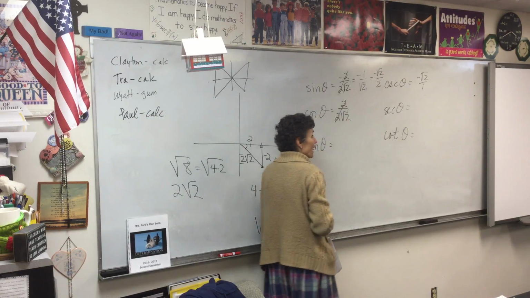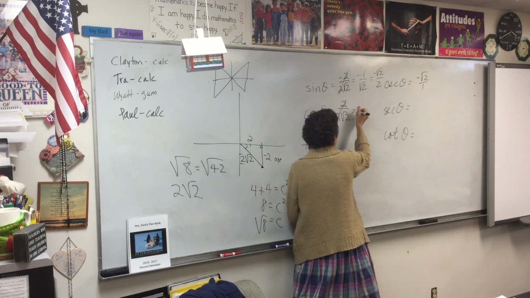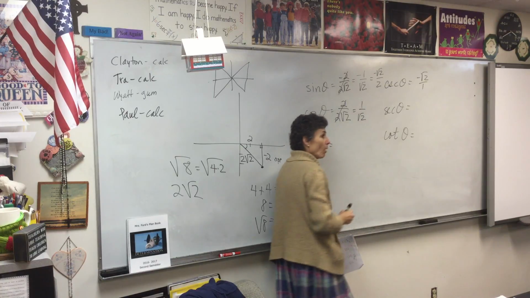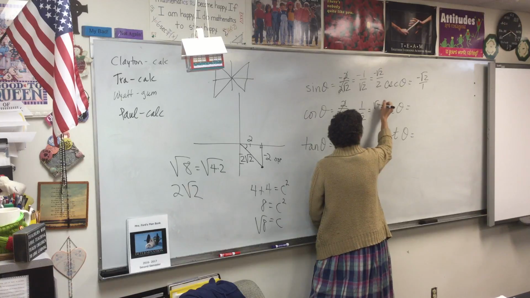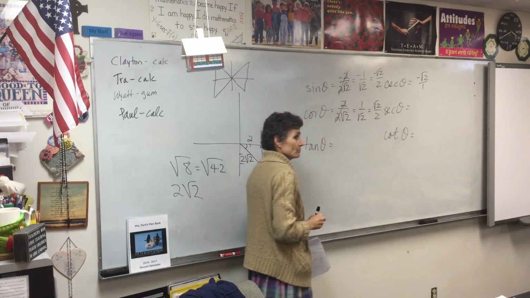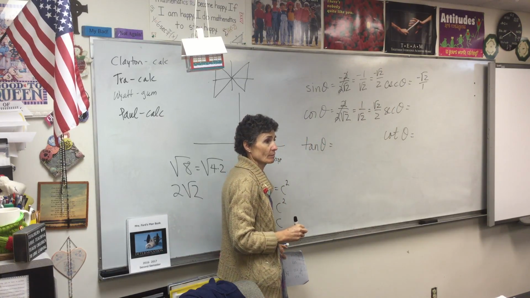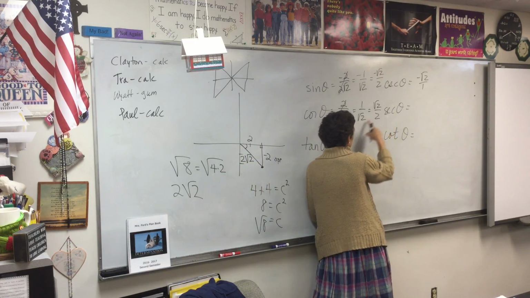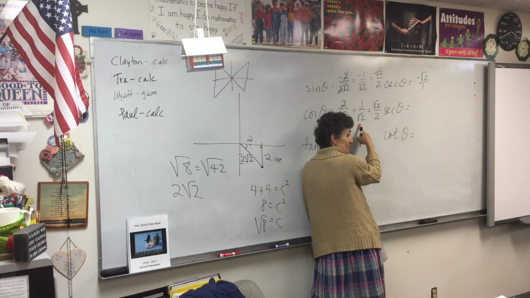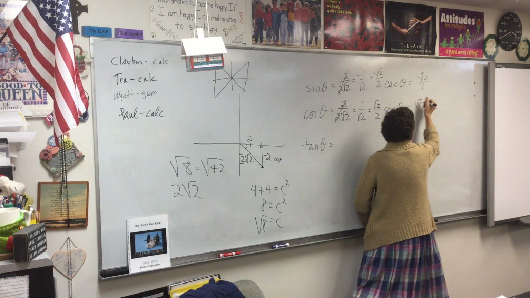You can cancel that. So that's going to be 1 over root 2. But like Paul said, you can't have a radical on the bottom. So that's going to be root 2 over 2. Which means the secant is the flip of this. So root 2 over 1.